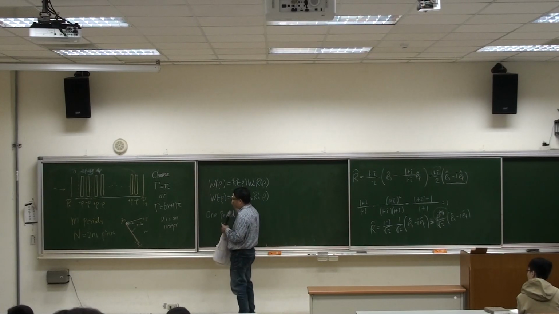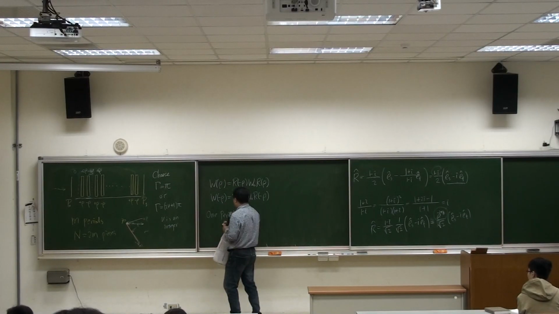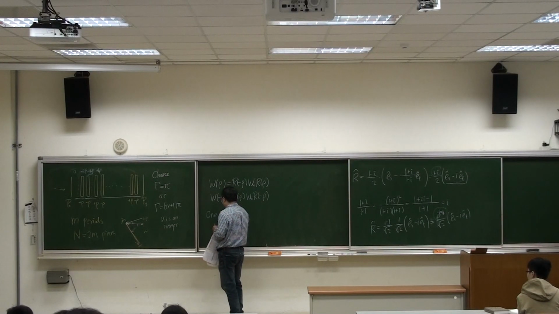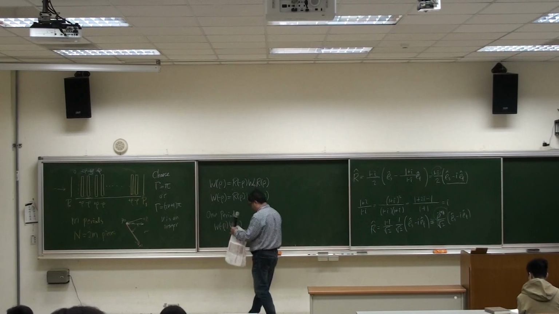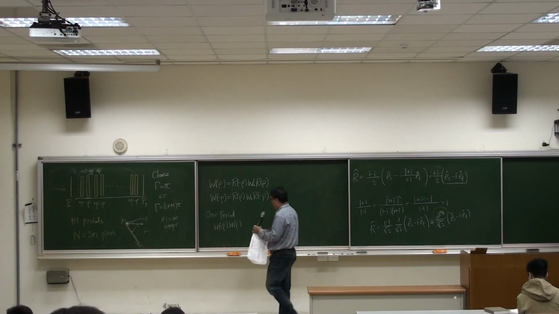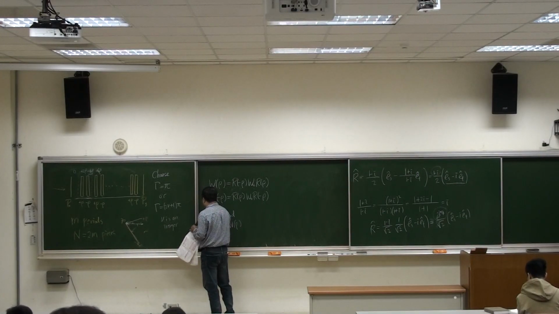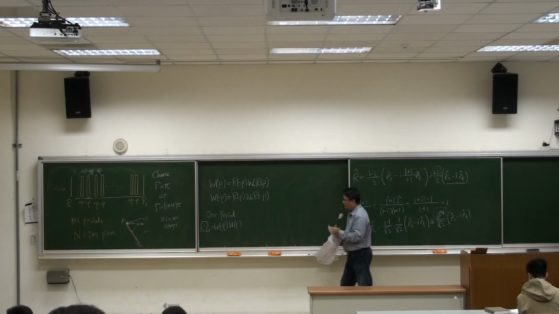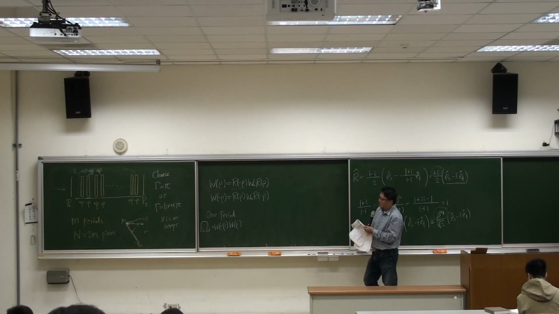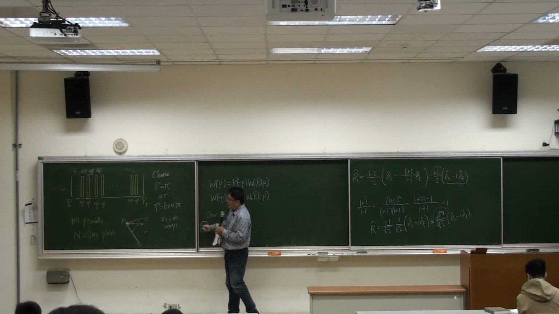Then in one period, we have a combination of W rho and W minus rho: W minus rho times W rho. Maybe I can denote this as omega. I denote the product of W minus rho and W rho as capital omega.